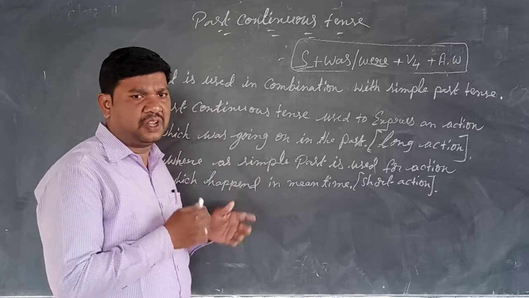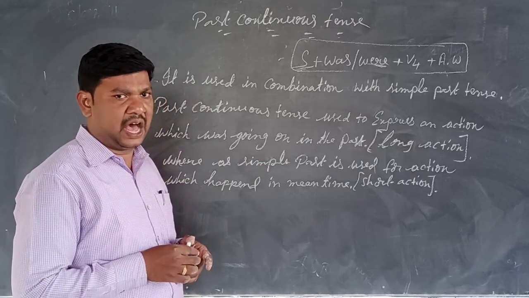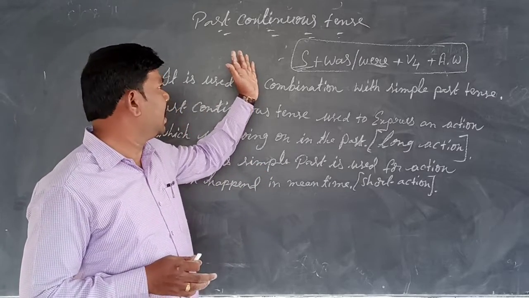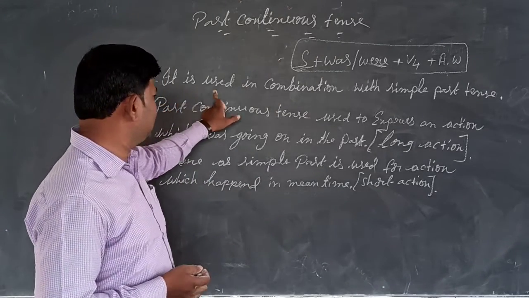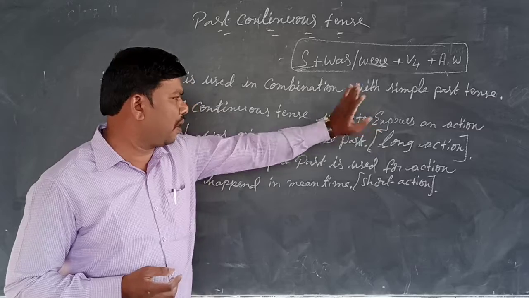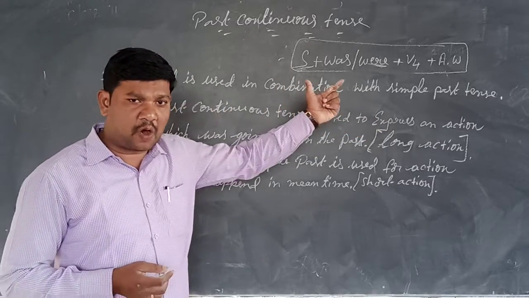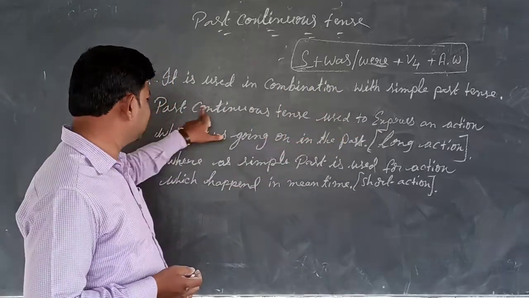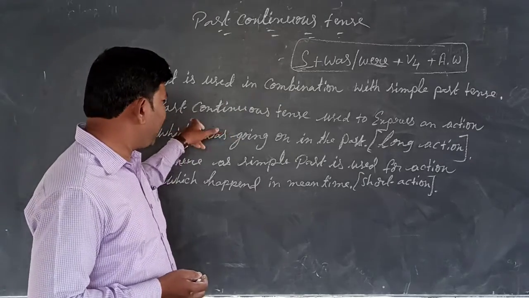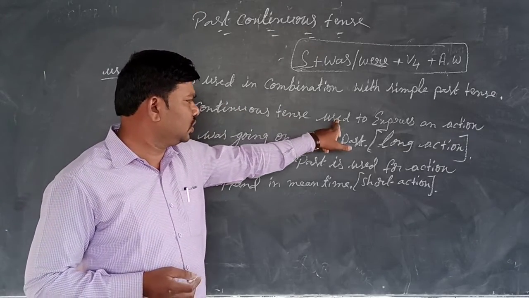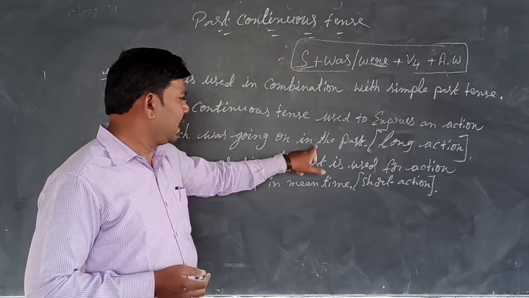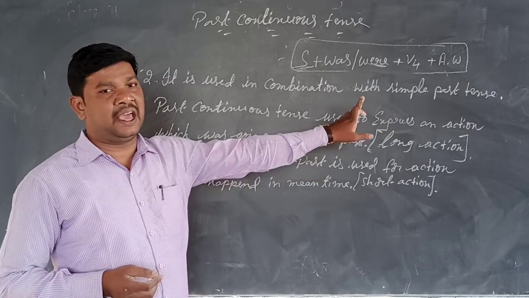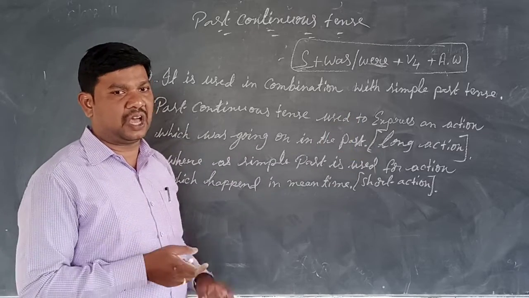Let us read once what I wrote on the board for the second usage of past continuous tense. Second usage: it is used in combination with simple past tense. Next one: past continuous tense is used to express an action which was going on in the past. It is a long action. We already learned past continuous in usage 1.